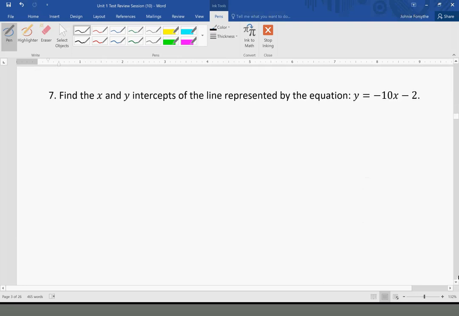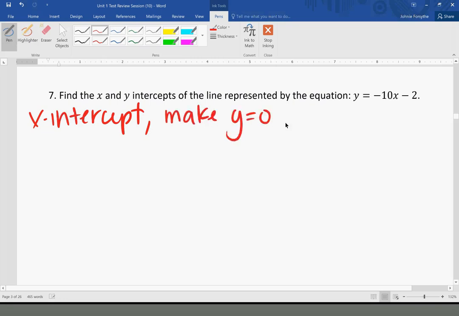Number 7. Find the x and y intercepts of the line represented by the equation y equals negative 10x minus 2. So to get the x-intercept, make y equals 0 and then solve for x.